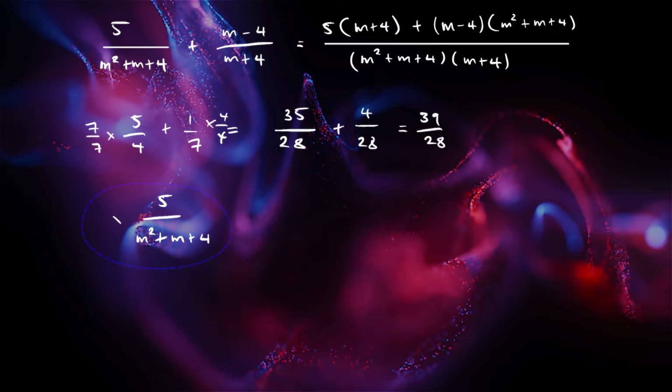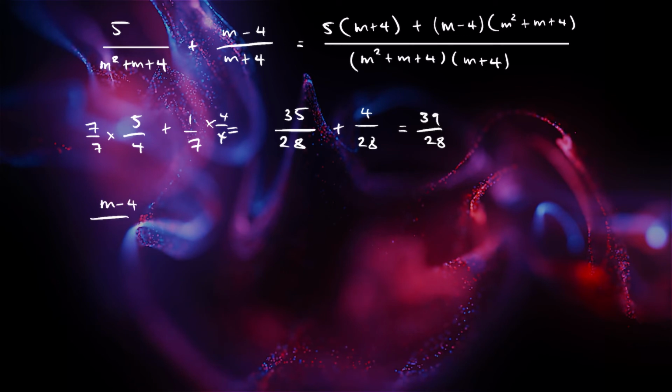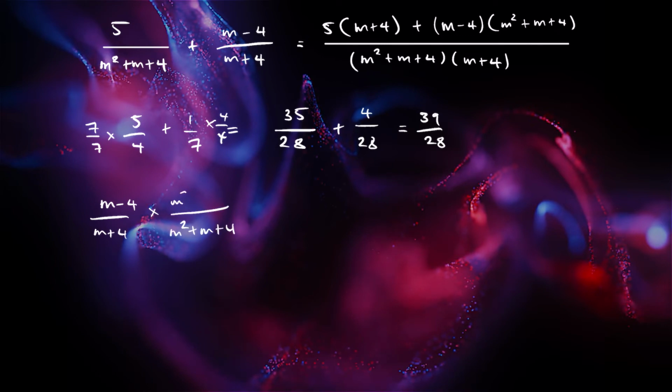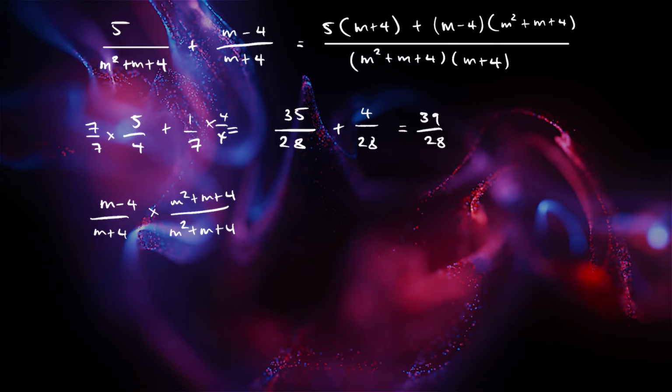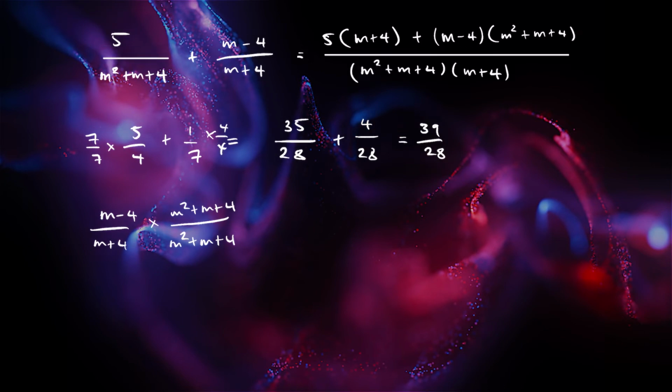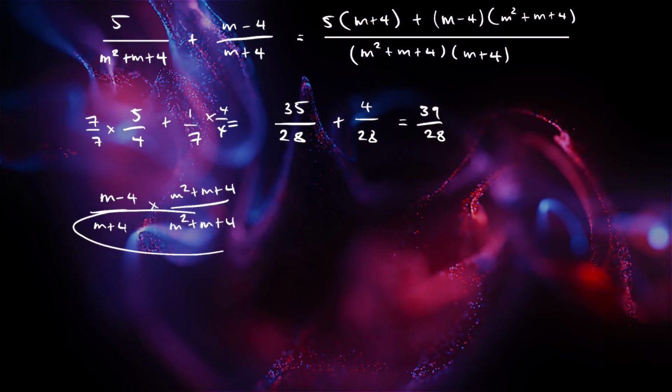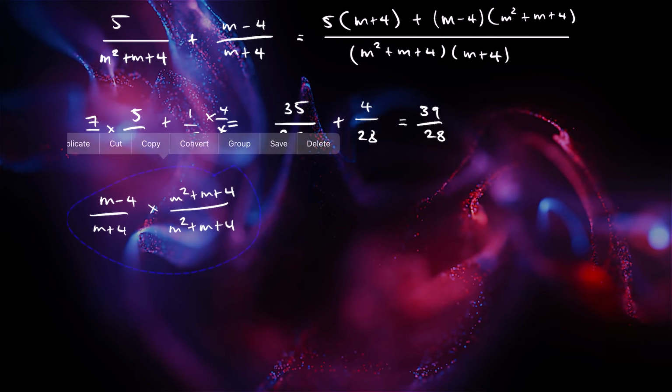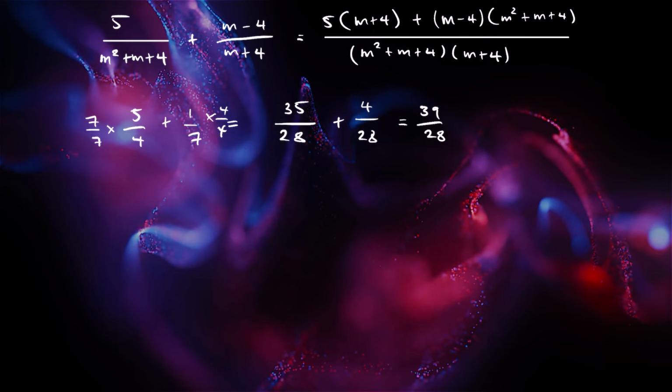So m minus 4 over m plus 4 multiplied by m squared plus m plus 4 over m squared plus m plus 4, which still gives me 1. So I'm still multiplying by 1, keeping my equation constant. But now you can see that when I multiply the fractions together, we get the same denominator both times. So that's the logic behind doing so.